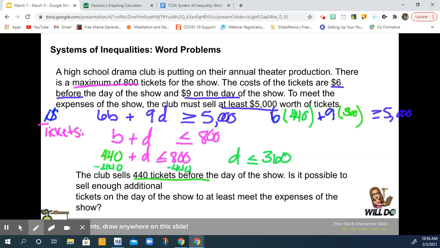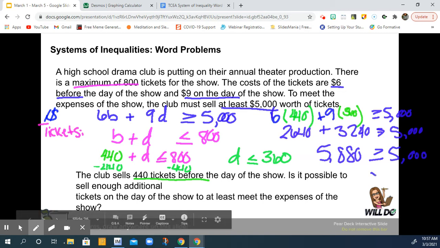Okay, so 6 times 440 is 2,640. 9 times 360 is 3,240. Now, is that over $5,000? Let's see. It is $5,880, and that is over 5,000. So they were able to reach their goal.